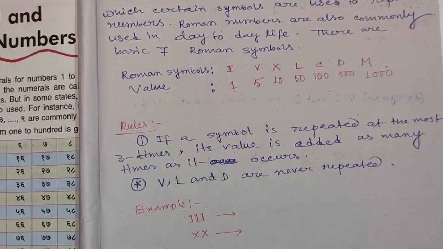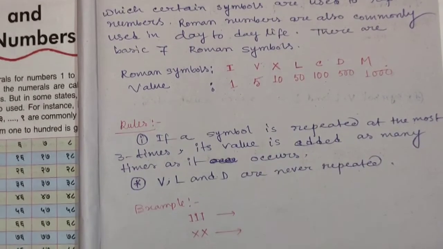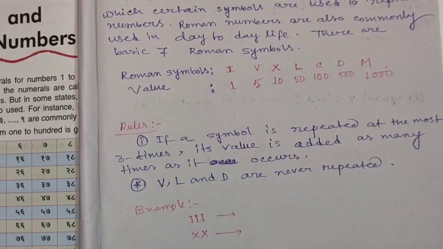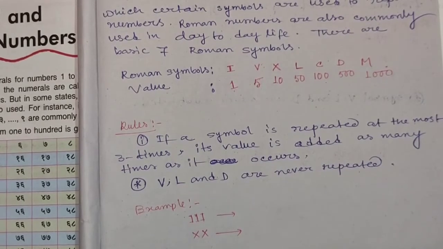That means যদি একটা সিম্বল সব থেকে বেশি 3 টাইমস রিপিট করা থাকে, 2 টাইমস রিপিট করা থাকতে পারে, কিন্তু 4 টাইমস রিপিট করতে পারে না। তাহলে যদি একটা সিম্বল সব থেকে বেশি 3 টাইমস রিপিট করা থাকে, কি হবে?